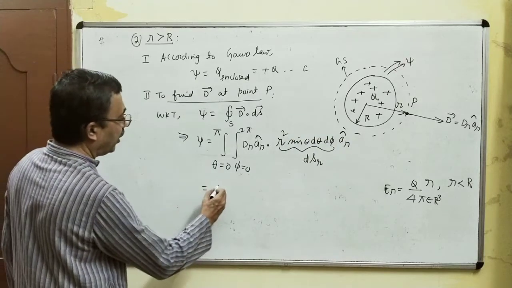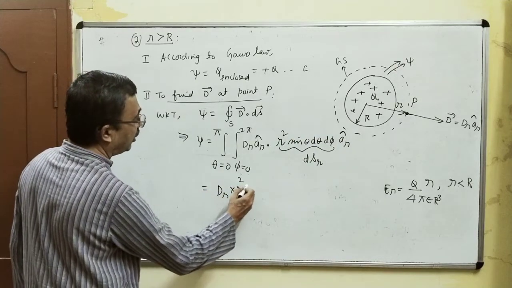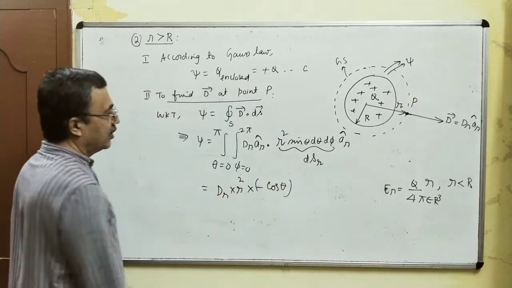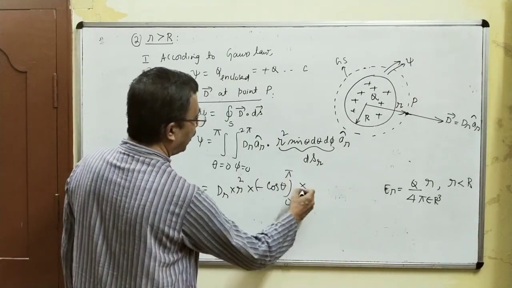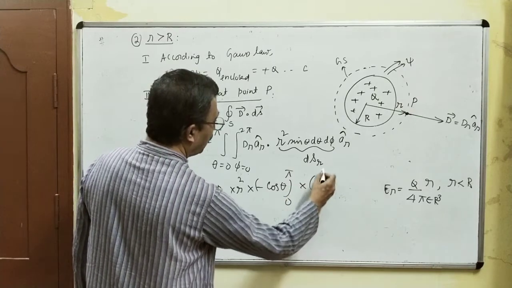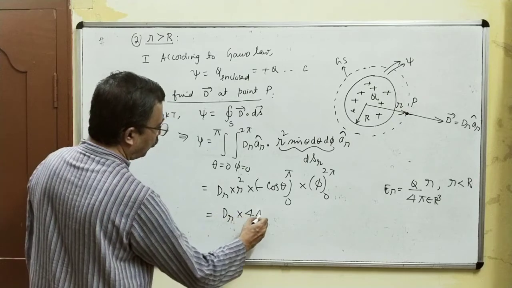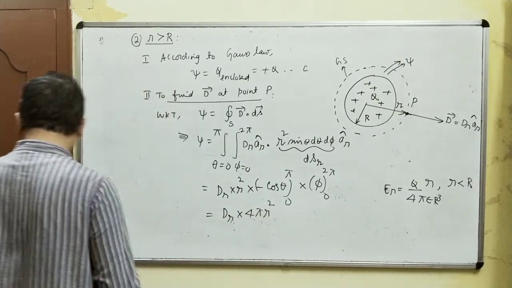Correct? So you get Dr into r square, which is constant. Sine theta, if you integrate, you get minus cos theta, limits from 0 to pi. d phi, if you integrate, you get phi between 0 and 2 pi. So this is nothing but Dr into 4 pi r square.